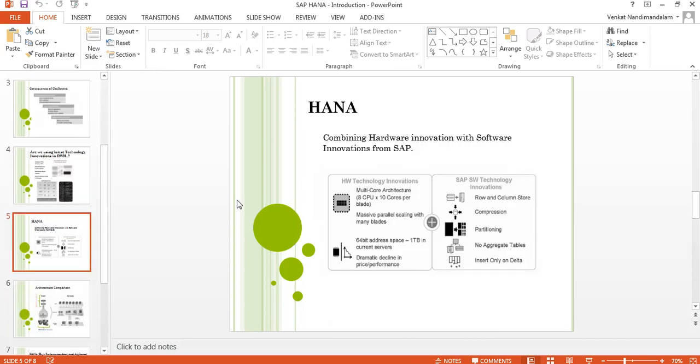So that is where HANA comes into the picture. HANA is a combination of both software innovation from SAP as well as hardware innovation from Intel. From the hardware perspective, they have multi-core processing, RAM is cheaper now, and they have CPUs where you can put up to 512 cores, because of which you get huge parallel processing available at the database level.